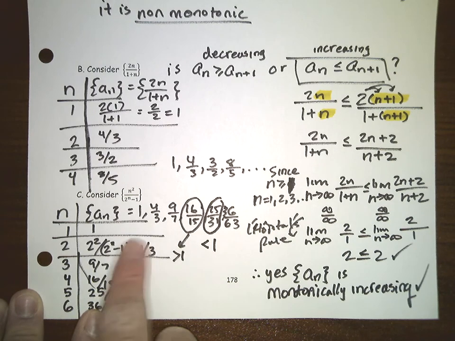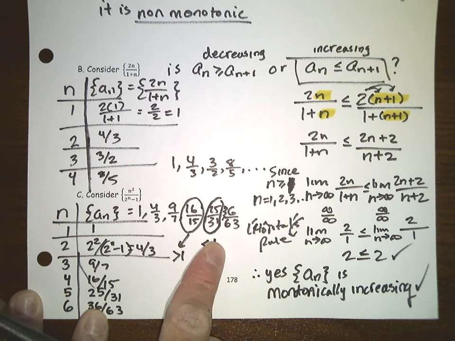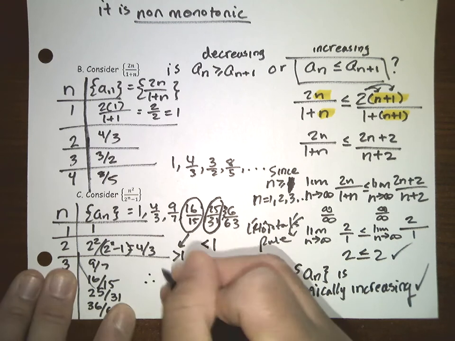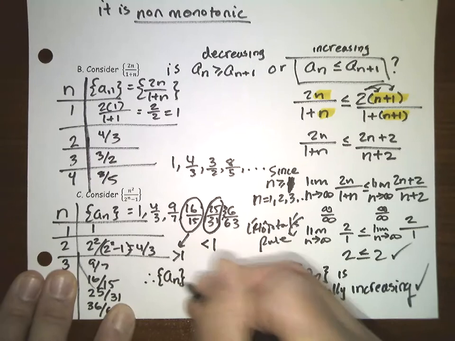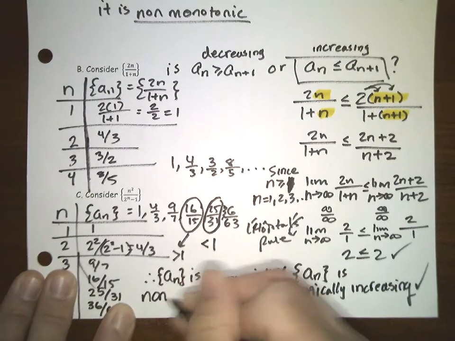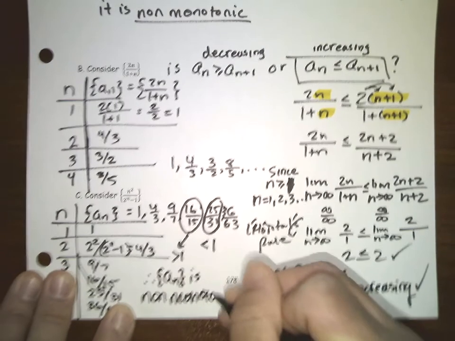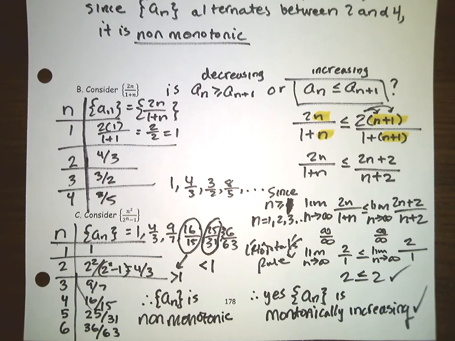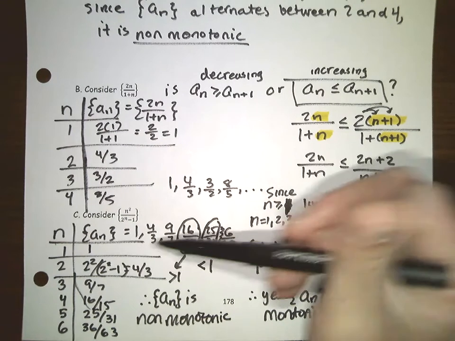Right, so the values were going up, and then they made a turn and went back down. So in this case, I would say, therefore, a_n is non-monotonic.